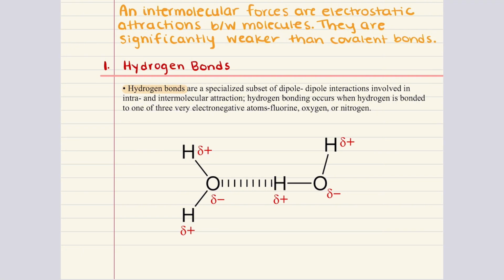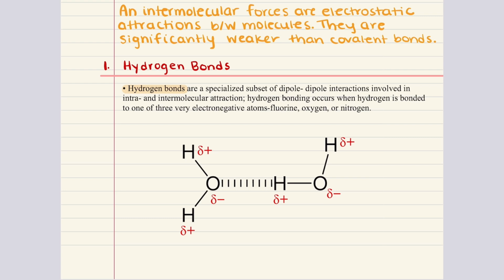Hydrogen bonds are a specific, unusually strong type of dipole-dipole interaction. A hydrogen bond occurs when hydrogen is covalently bonded to one of 3 highly electronegative atoms: nitrogen, oxygen, or fluorine. In this bond, the hydrogen atom carries only a small amount of the electron density, essentially acting as a naked proton.